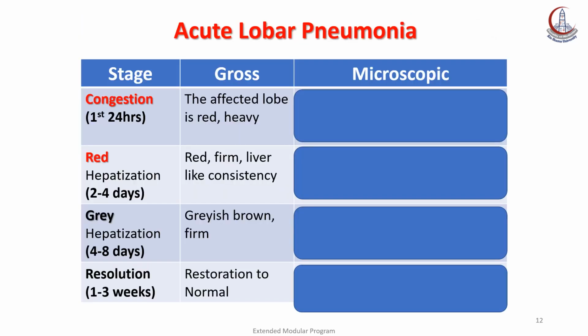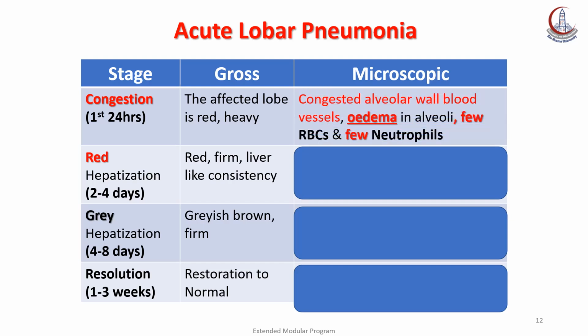Stages of acute lobar pneumonia start with the congestive stage. It occurs in the first 24 hours. Grossly, the affected lobe is red and heavy. Under the microscope, from its name, there is congestion of the alveolar blood vessels, edema in the alveoli and alveolar walls, few red cells, and few neutrophils. Later on, red hepatization occurs in the second to fourth day.